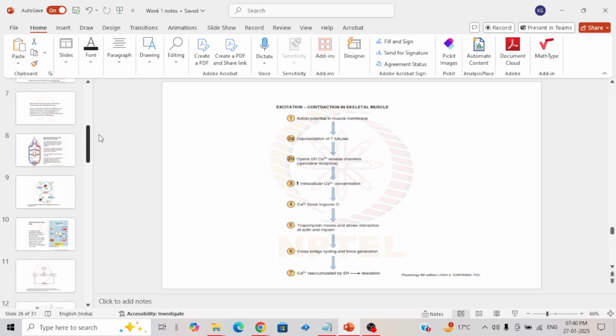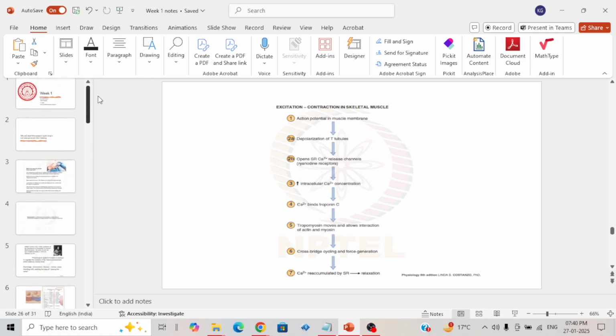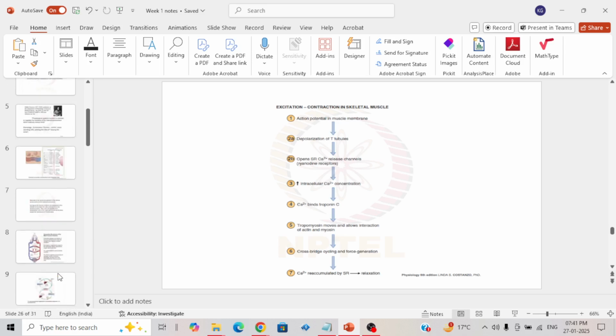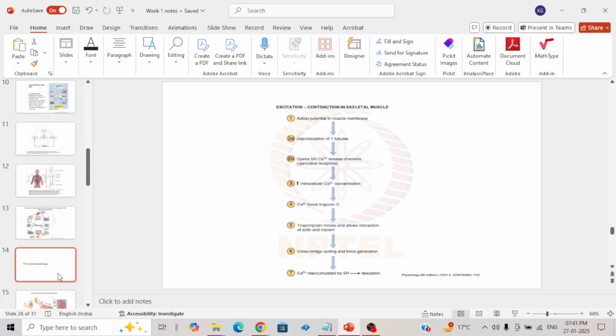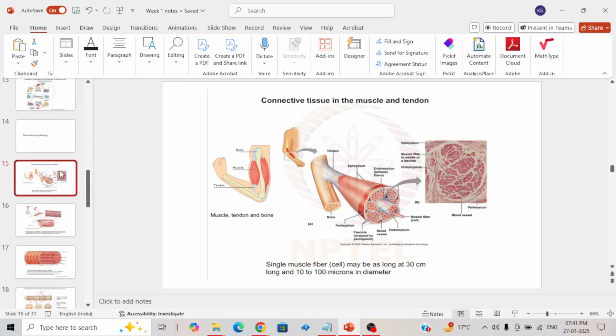And you guys got the concept of a set point. I hope you got that. Apart from that, this muscle contraction topic is very interesting, and it is very important to understand skeletal muscle contraction so that you can understand further the cardiac muscle contraction and all.